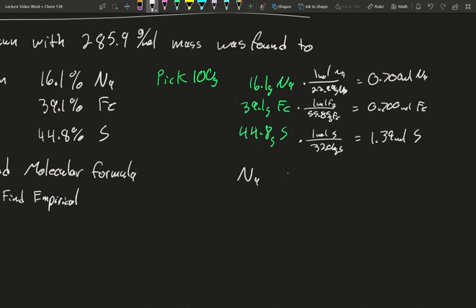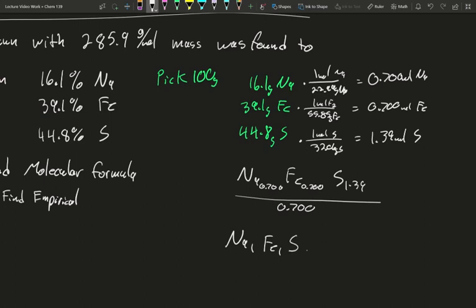So my sodium, my iron, my sulfur, 0.7, 0.7, 1.39. Well, my least is 0.7, so I'll divide them all by that. My sodium becomes 1, my iron becomes 1, my sulfur becomes 1.98, which is pretty close to 2.